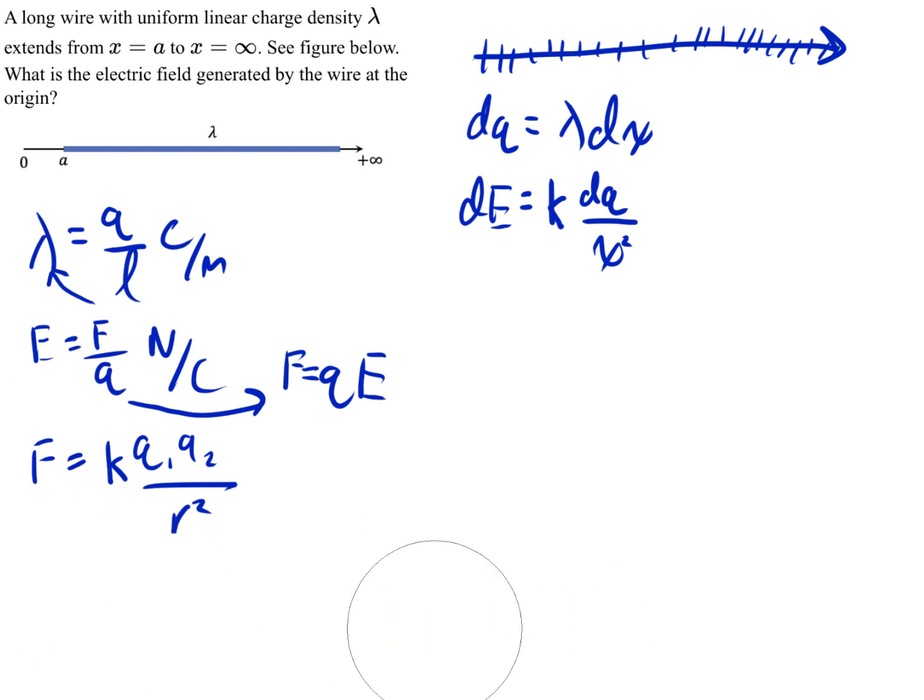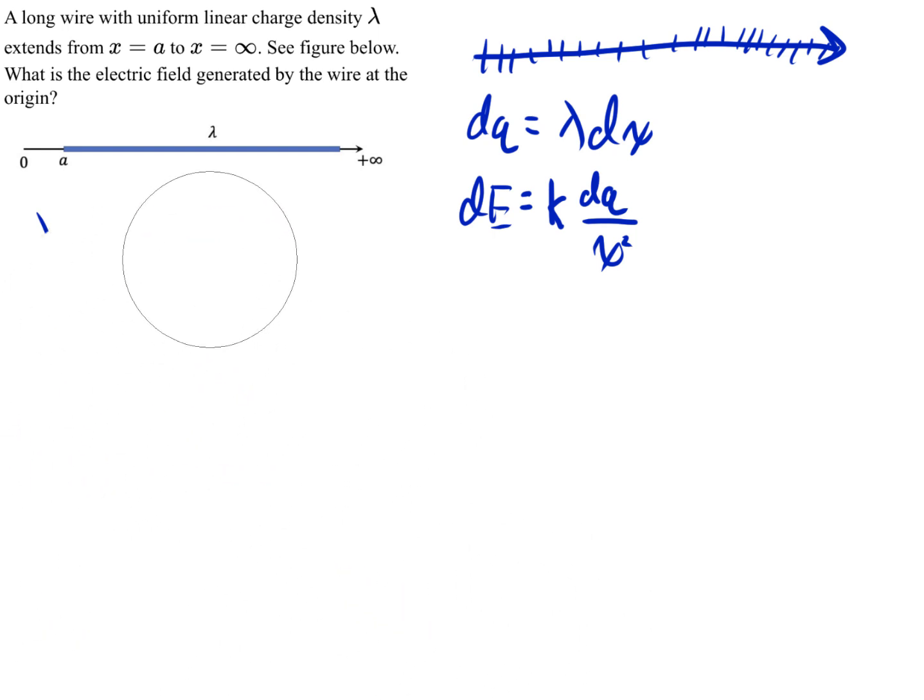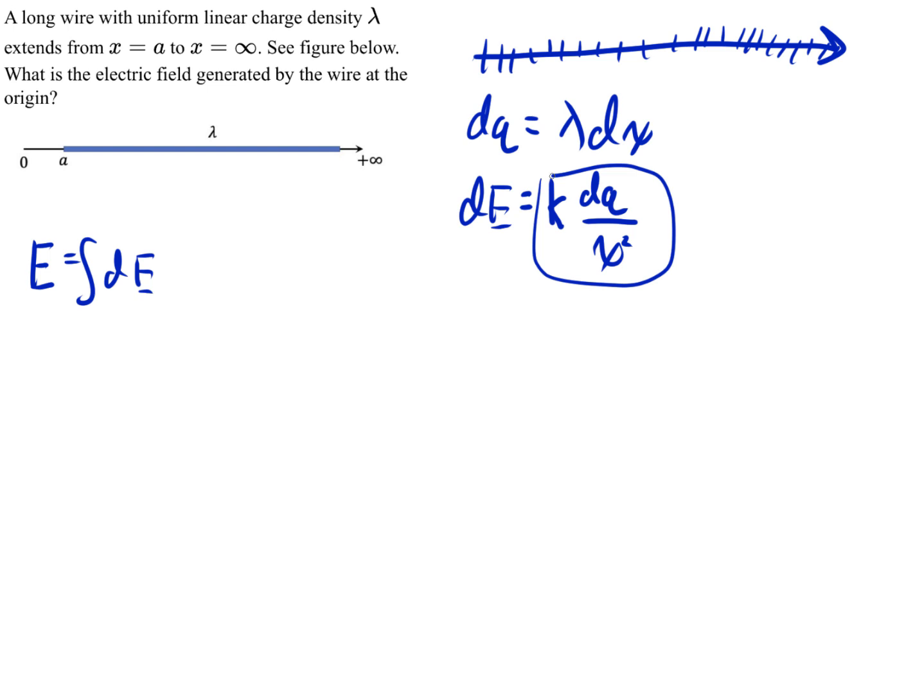So now we have this. And from that we can say that the electric field of the whole wire is simply the summation of all of these little electric fields from point charges. This is simply expressed as the integral of dE. And then we can substitute all of this in for dE.